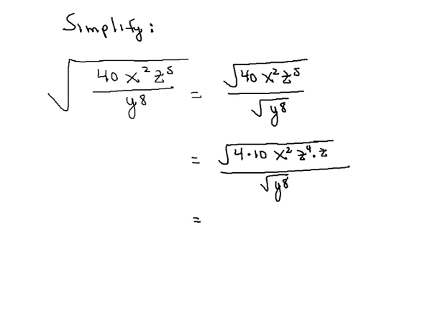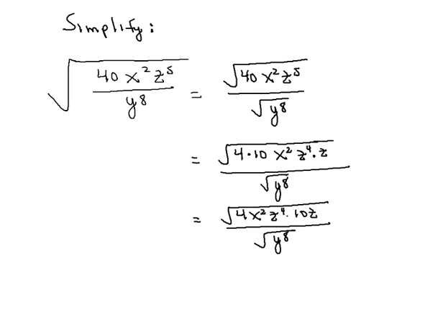Now in the numerator, what I'm going to do is to rewrite so that the perfect square factors are listed at the beginning. So we'll then have 4x squared z to the 4th, and we'll have left what we multiplied by, 10z. This is all then divided by the square root of y to the 8th.